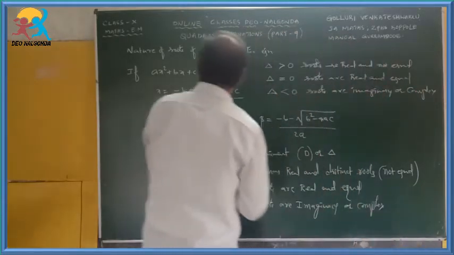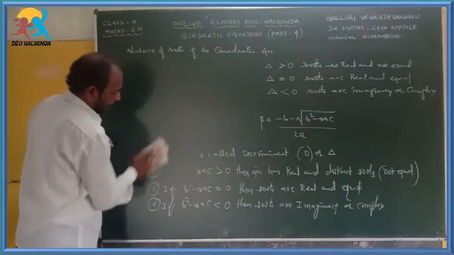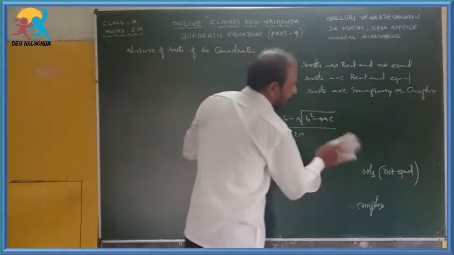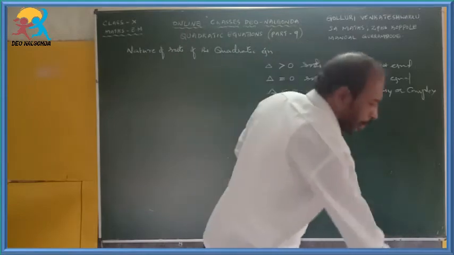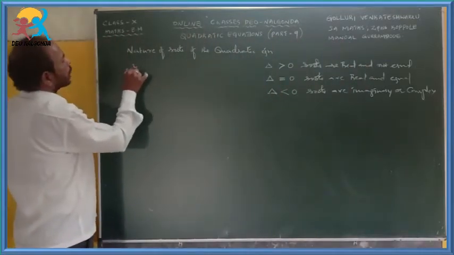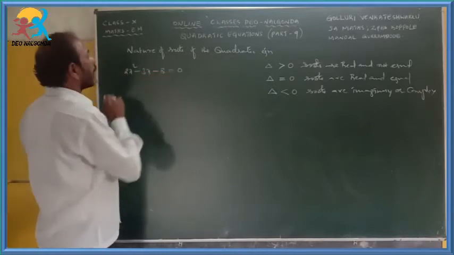So let us see why. With a few examples I am giving. For example, 2x square minus 3x minus 8 is equal to 0. Here is the equation.